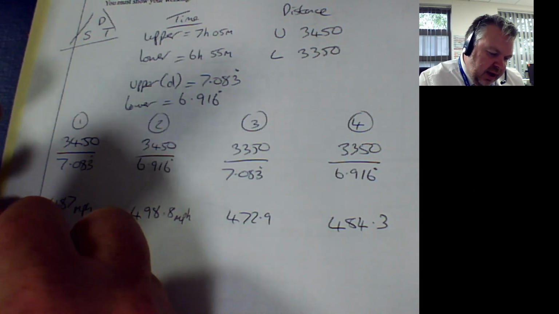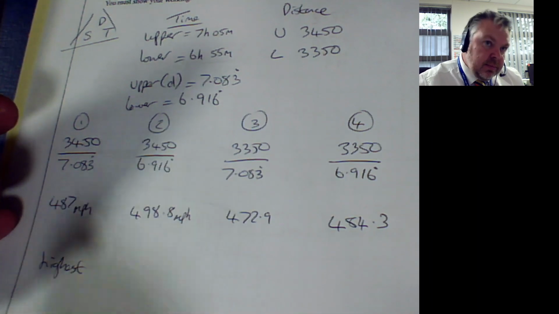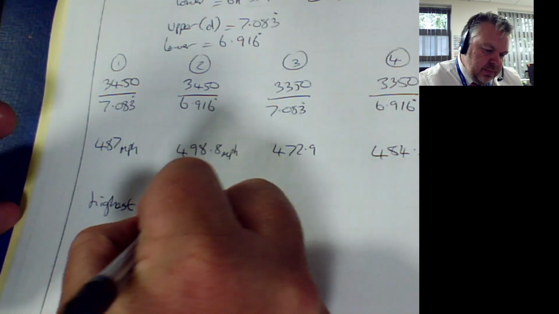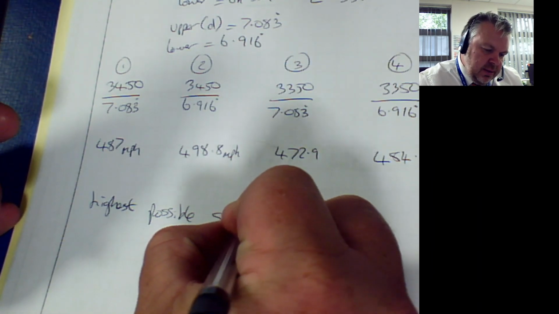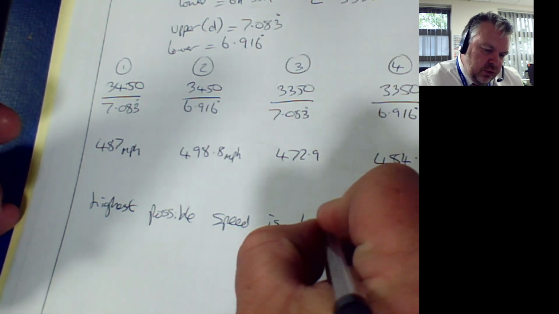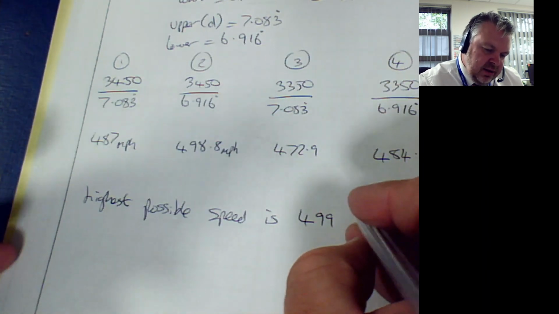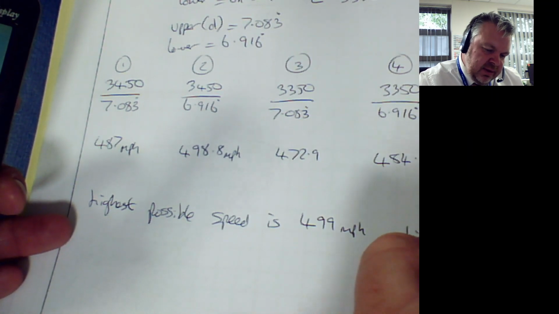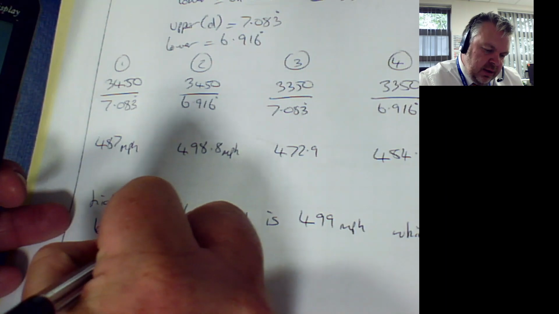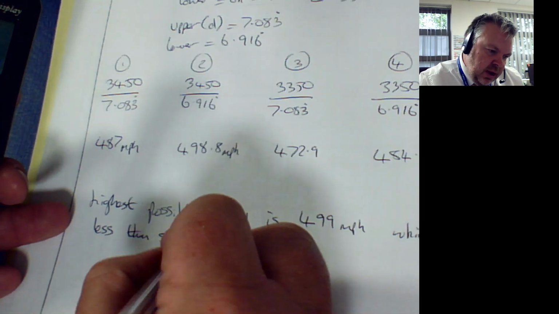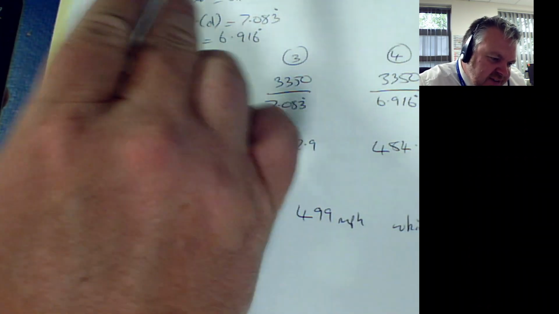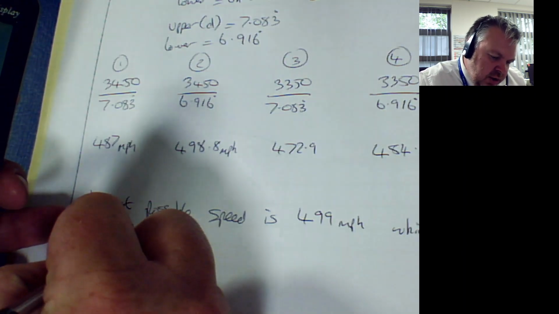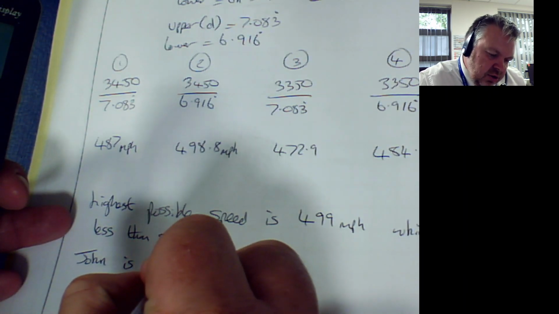Okay, so the highest possible speed is 499 miles per hour, which is less than 500. John said the average speed is definitely less. Is John correct? John is correct.